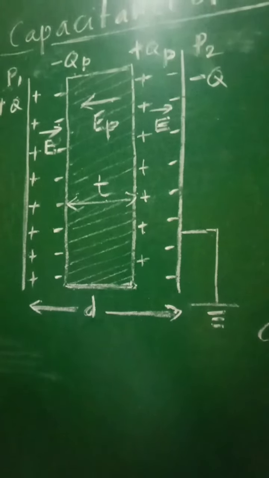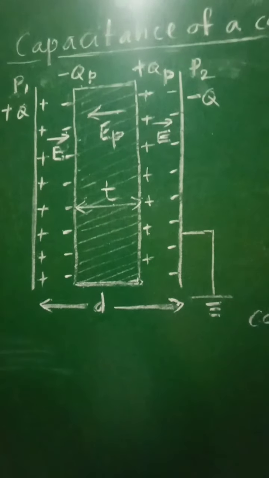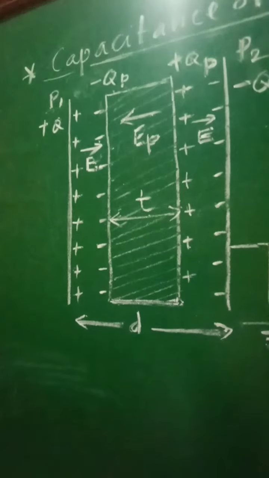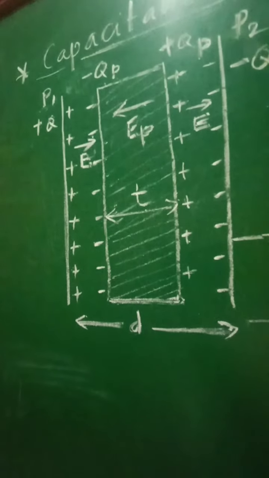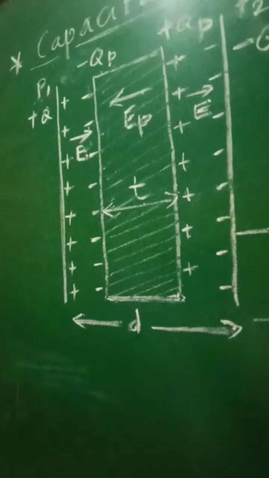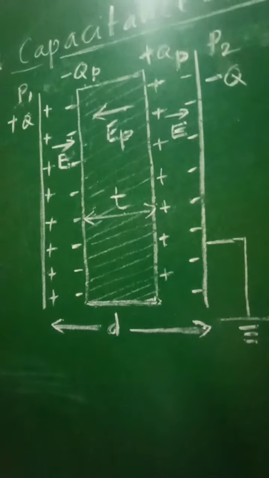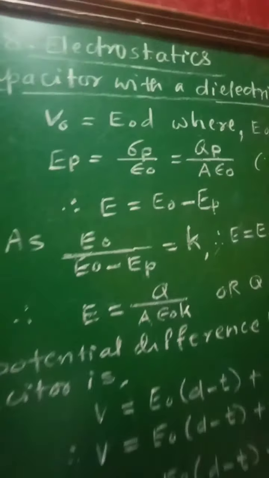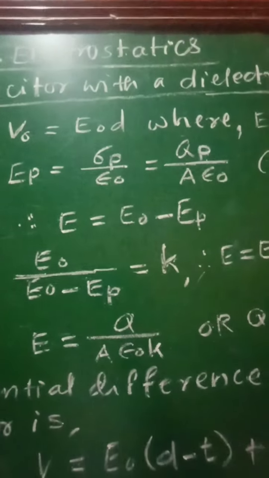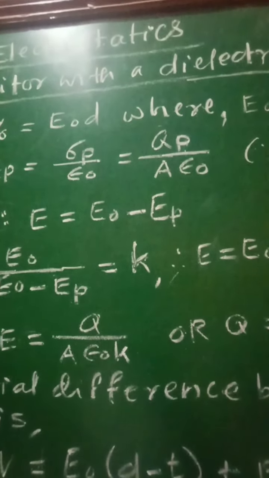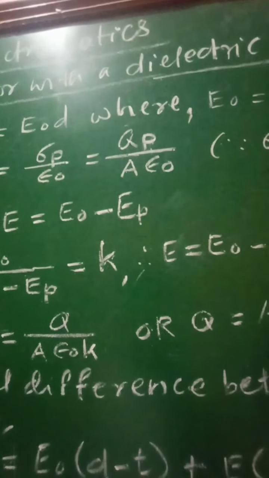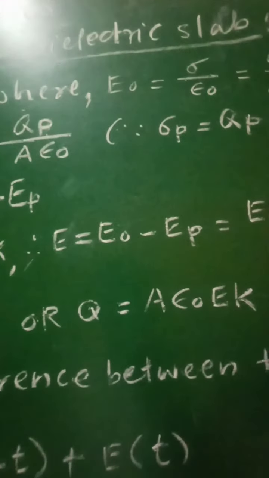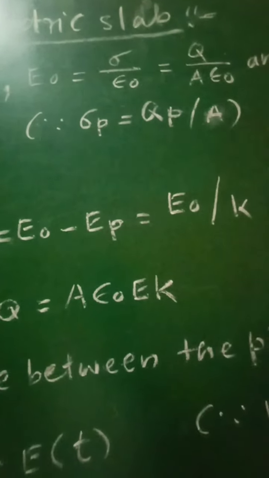So in the diagram, the direction of E0 and the direction of EP are oppositely directed. Then the induced field, that is EP, in that dielectric slab is equal to sigma P upon epsilon 0, that will be equal to QP upon A epsilon 0, where sigma P is equal to QP upon A.